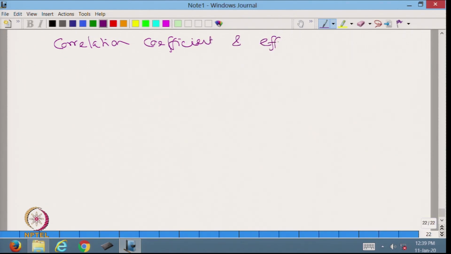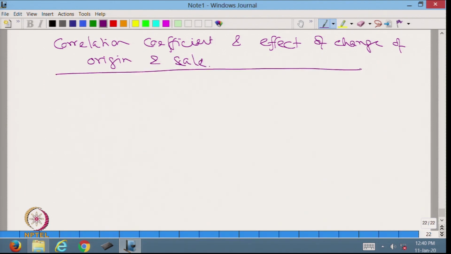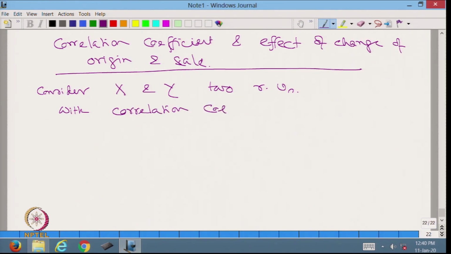Correlation coefficient and effect of change of origin and scale. Consider x and y, two random variables with correlation coefficient equal to rho x y.